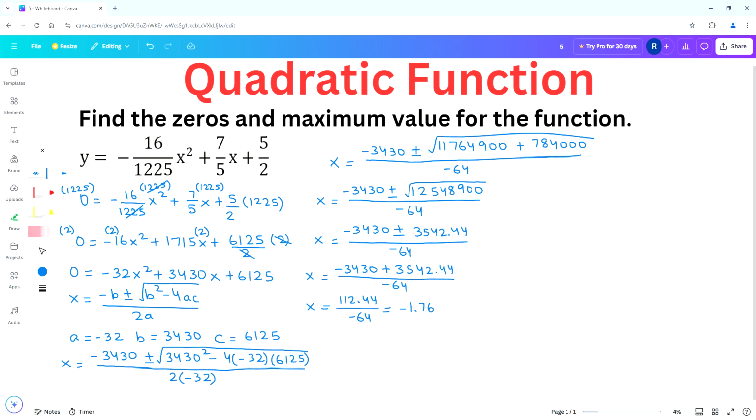The first zero is negative 1.76. Now we can analyze the negative case.